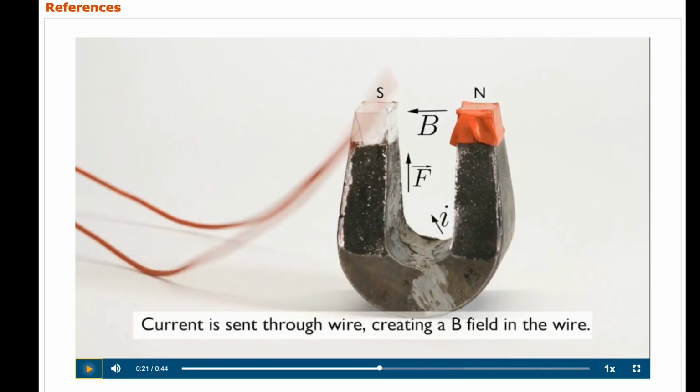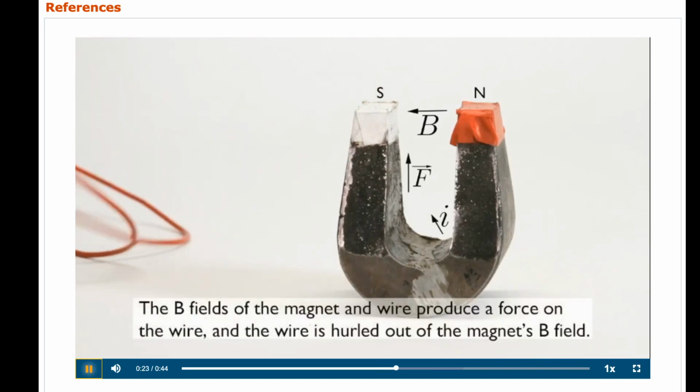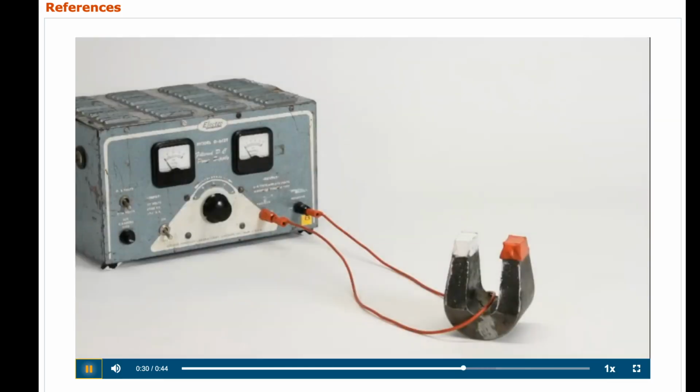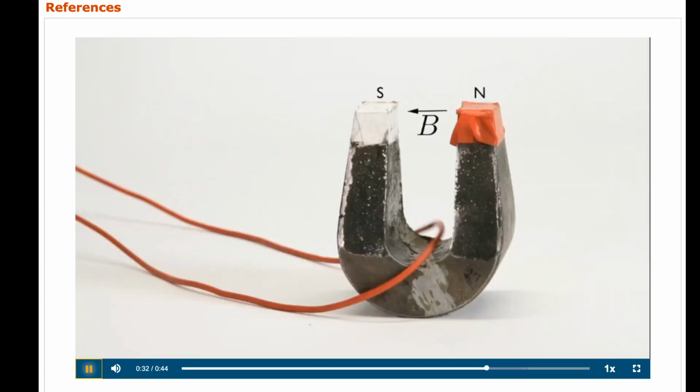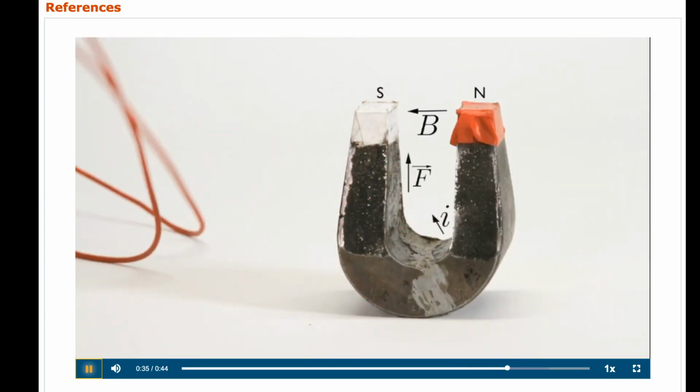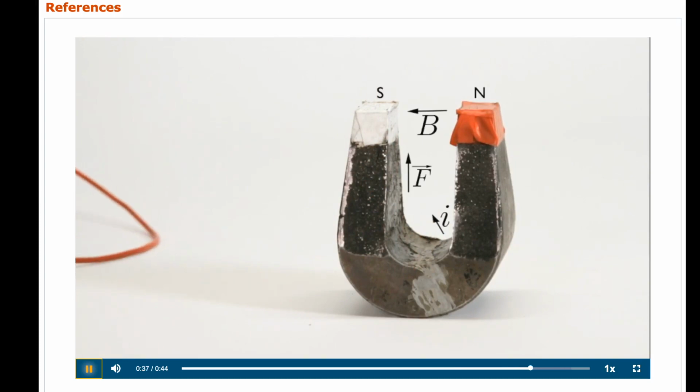I'm going to do the right-hand rule and do L cross B. I get an upward force. And look, it kicks the wire so hard that it can actually jump up out of the magnet. It's called the jumping wire demonstration. Okay, so it really does do that.